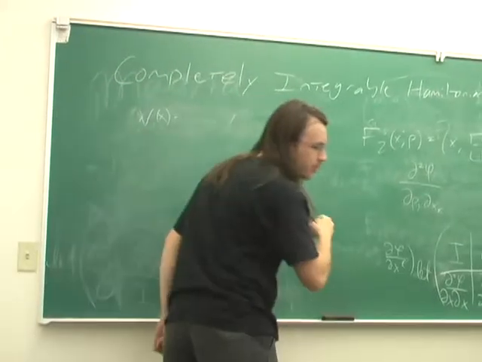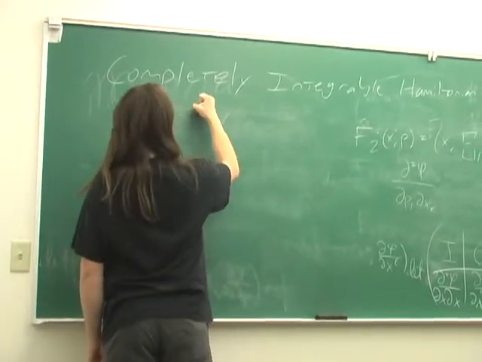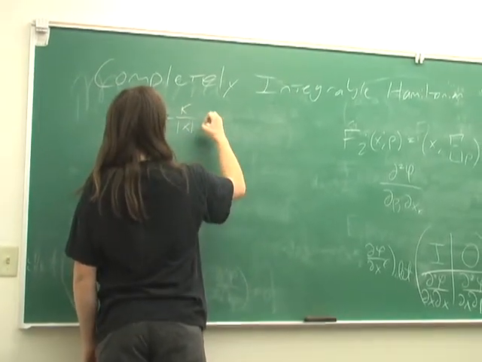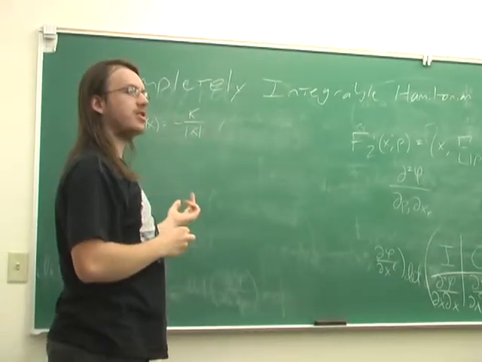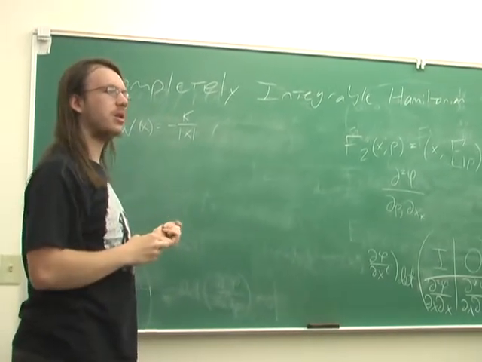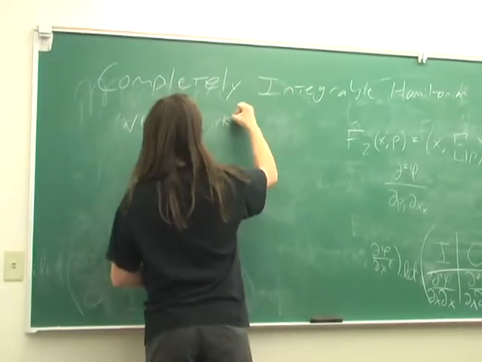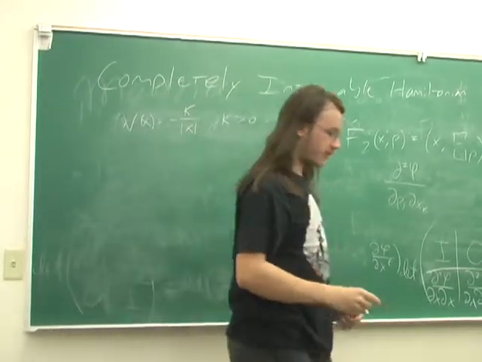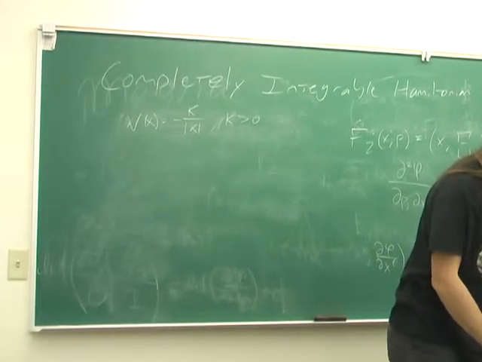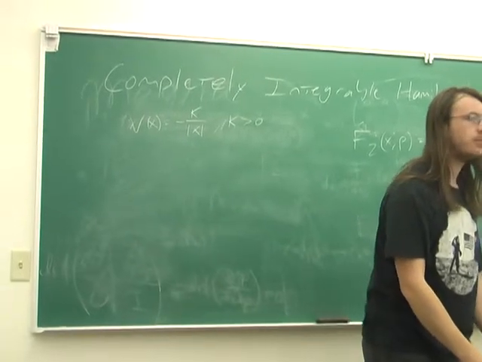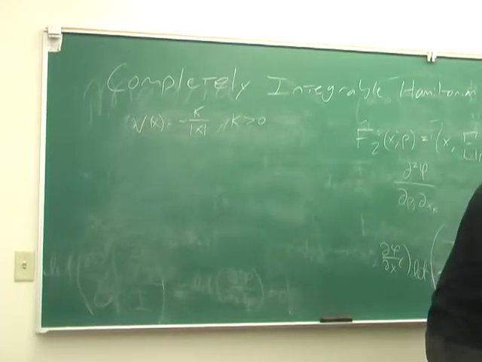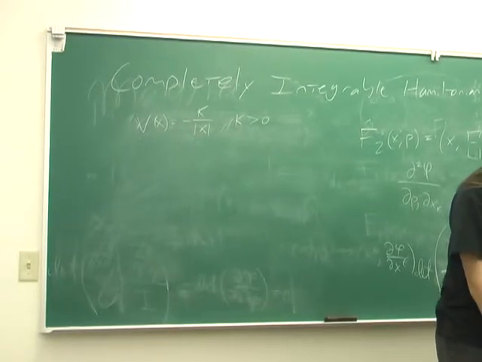u of x equals, where I believe this is the energy of the system, potential energy, and u = 0. And I'm sure that you've seen it in your physics courses, this is planetary motion.